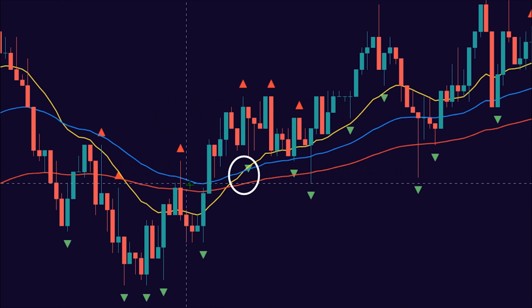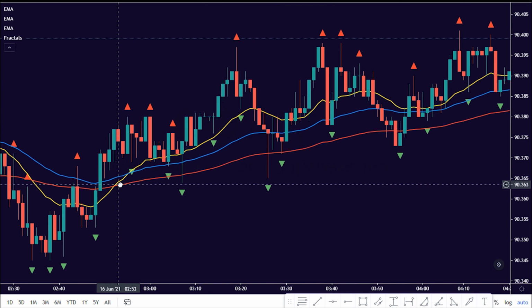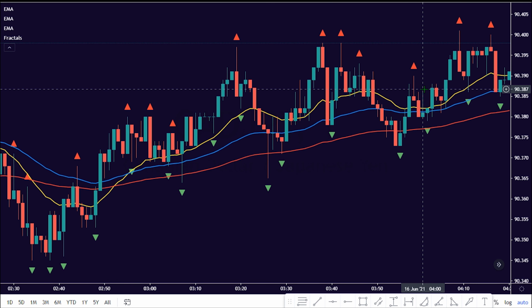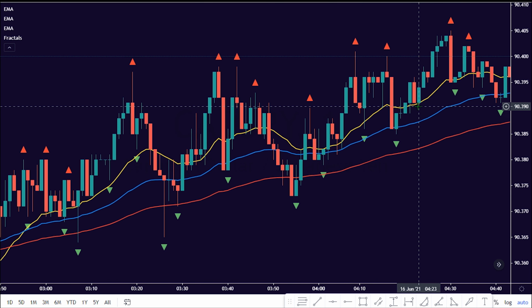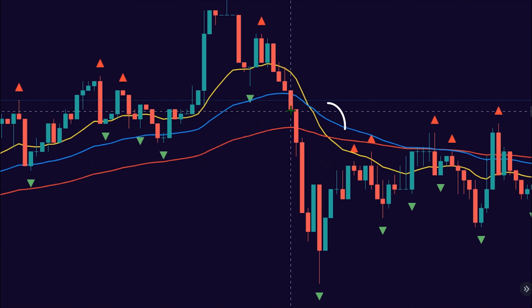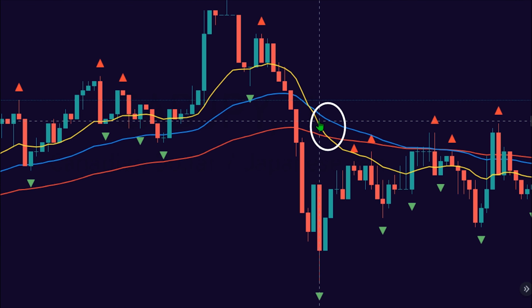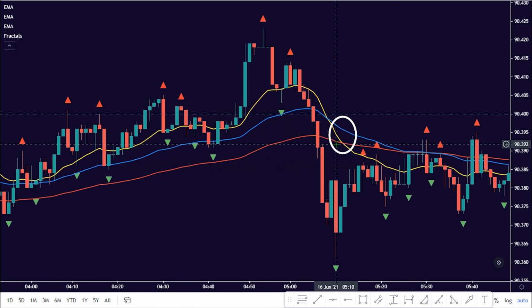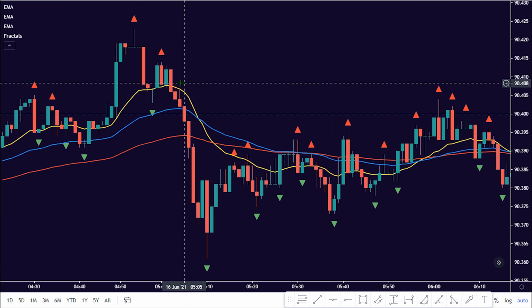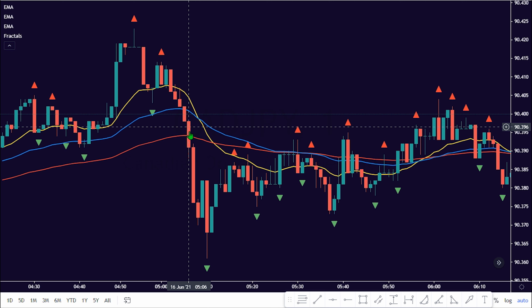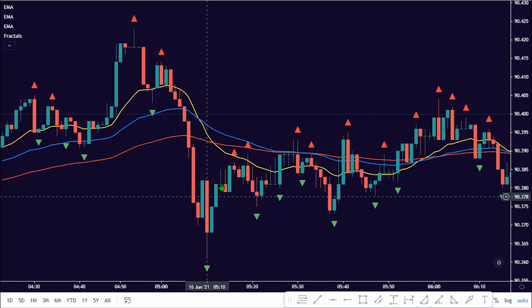We can see on the trading chart, whenever this action occurs, it usually led to a bullish move. Also, the EMA indicator works for a short position whenever the 20 period, yellow line, crosses below the 50 period, blue line, and 100 period, red line. Whenever this occurs on the trading chart, it usually generates a sell signal.